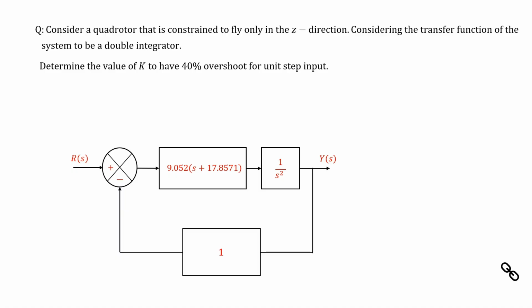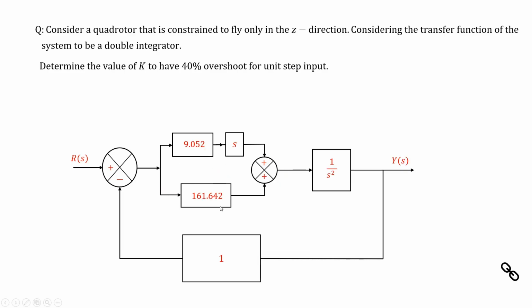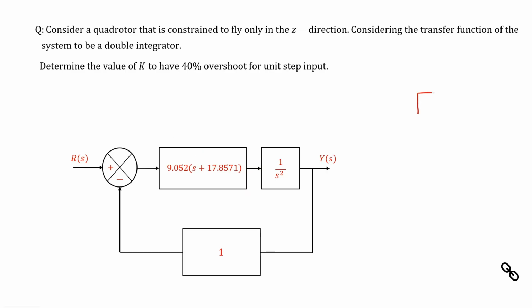This was the problem we had for the quadrotor. Now, here we had this controller. You can open up this controller into these two parallel blocks, and why can we do that? Notice that if you have a controller block which is say G1 plus G2 and your input is U(s) to it and the output is Y(s), then what can we write about the output?